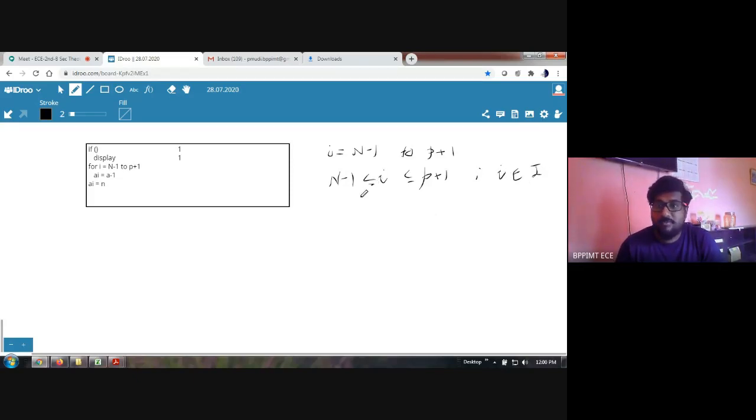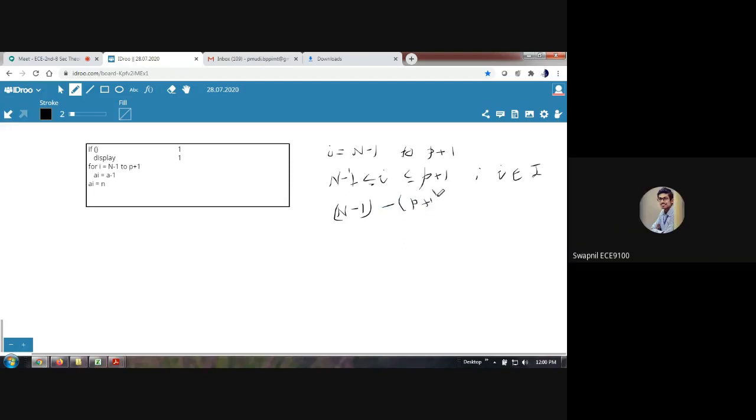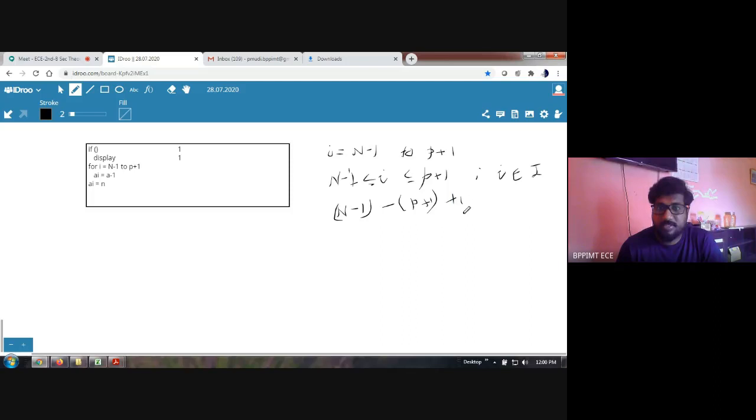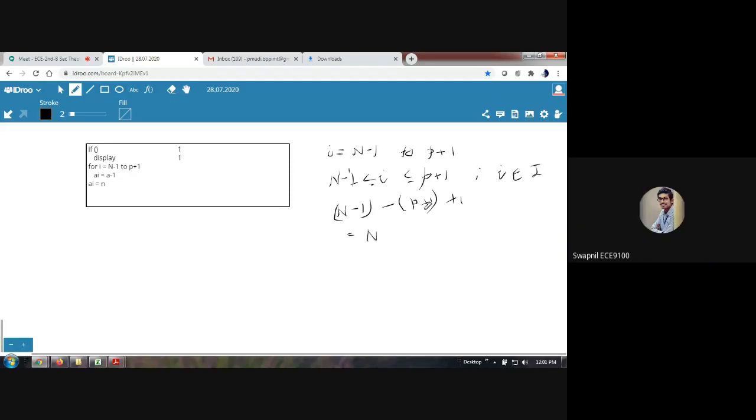So how many possible values of I do we have for which the for block is executed successfully? That is n minus 1 minus p plus 1, and then plus 1. So n minus p minus 1.